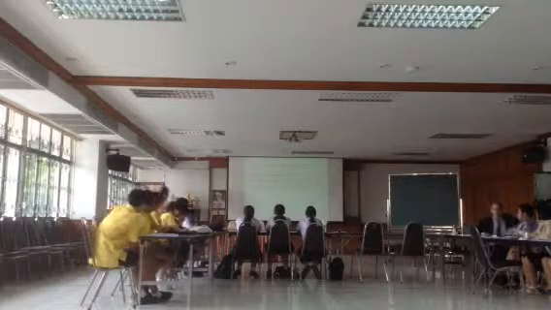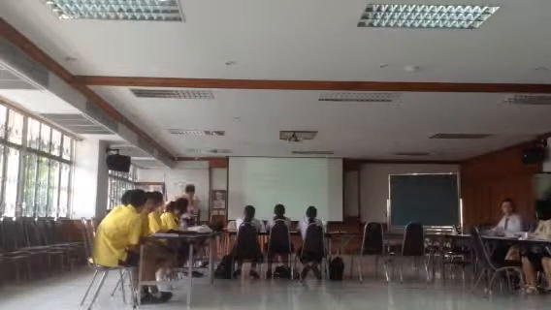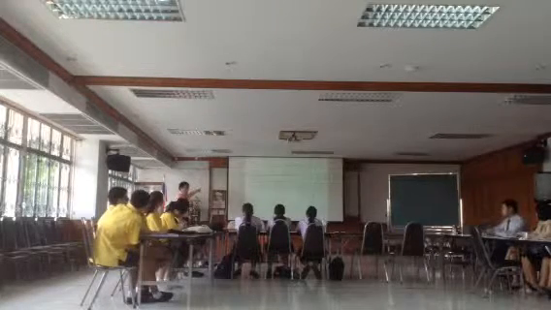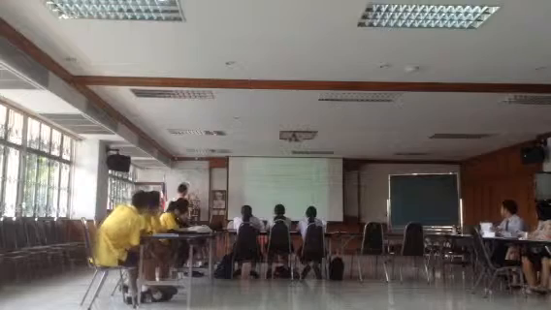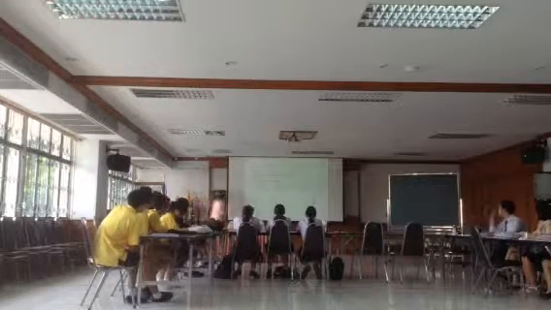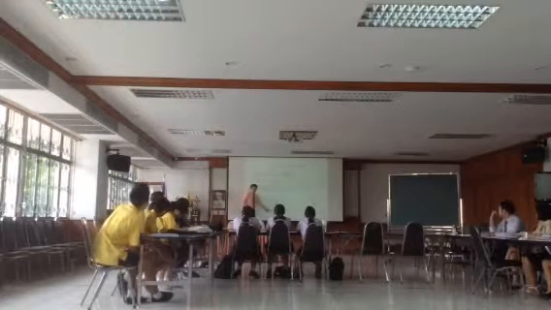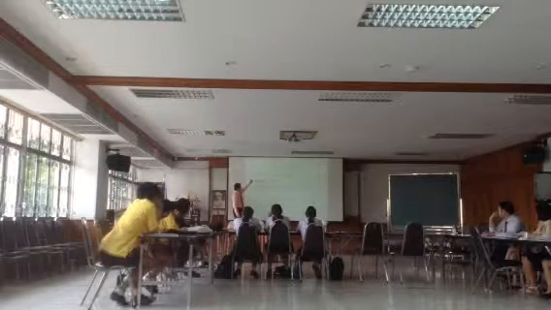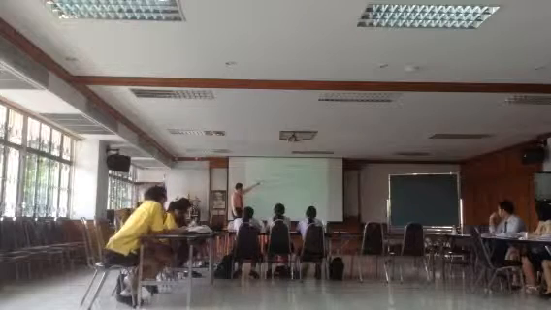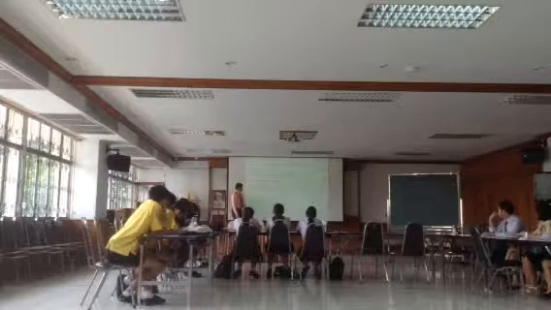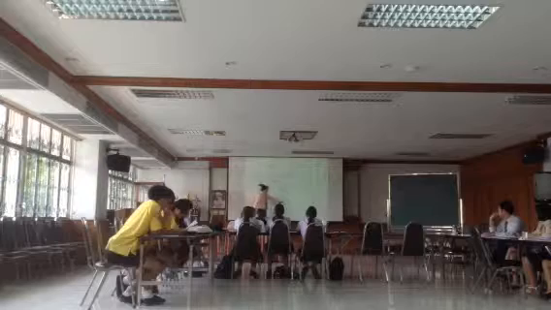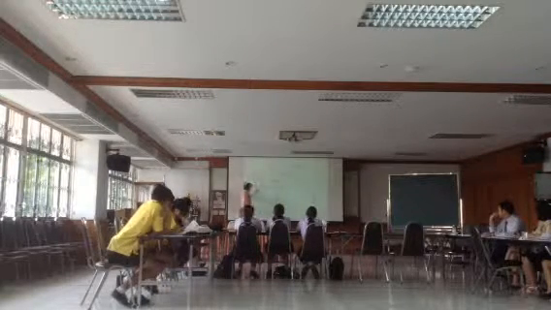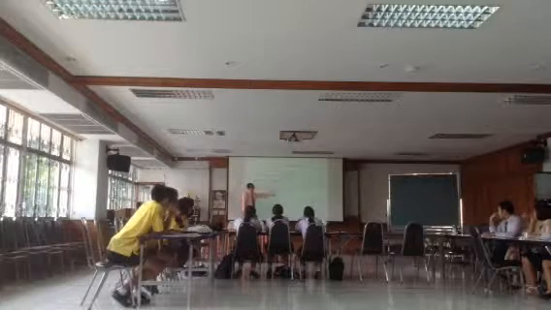Okay, this is an example of how to calculate. What is asked here? Current. The battery voltage is 12 volts, so you put 12 volts here, and the resistance is 2 ohms.